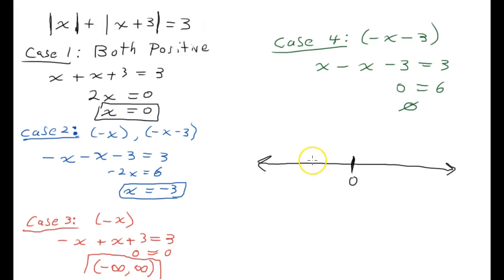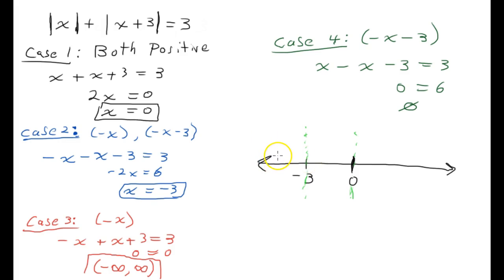We have a 0, we have a negative 3, and we have all real numbers. So we have 3 zones. Let's set them up here. Everything less than negative 3, everything in between negative 3 and 0, including those numbers, and everything greater than 0. And we'll just check a number in there.